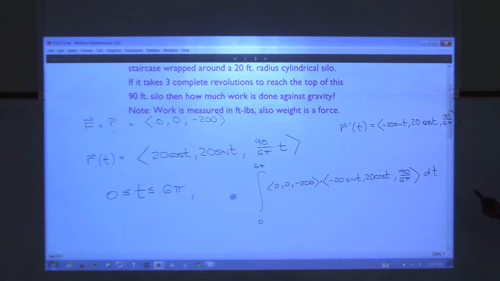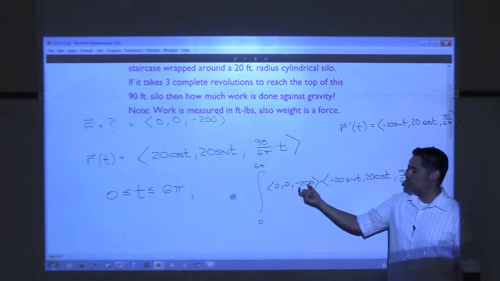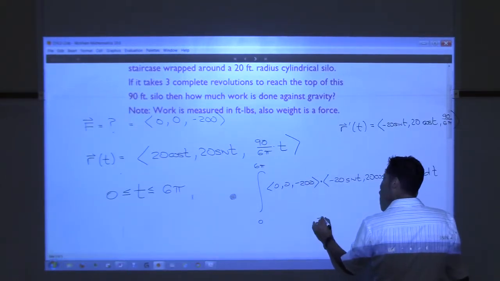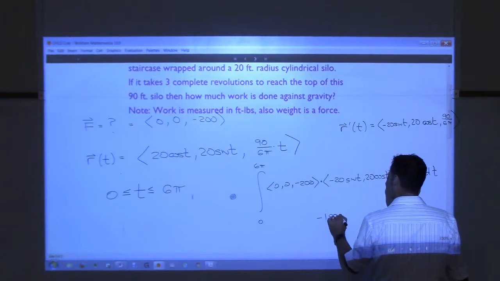And then you multiply, and when you multiply, you get this times this, right? Which is going to be, what, negative 18? Is that negative 1800? No. Is it 18,000? 1800.